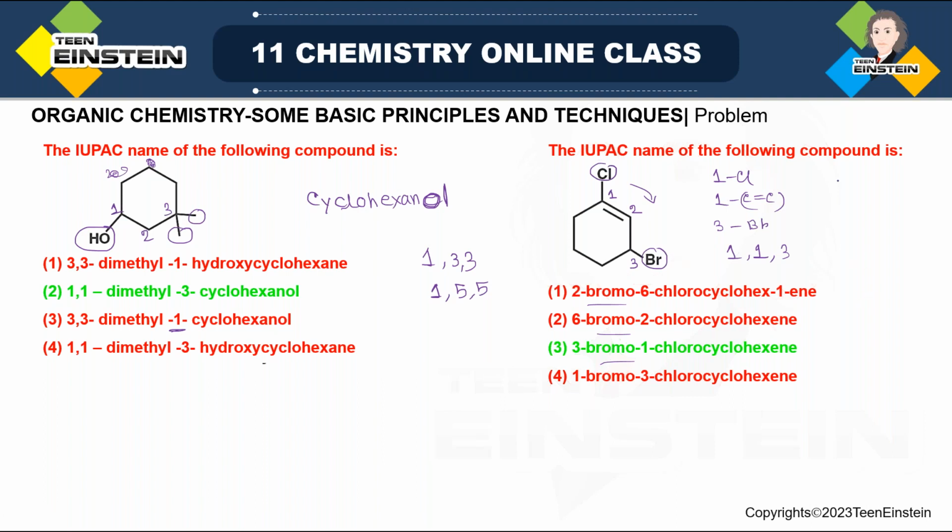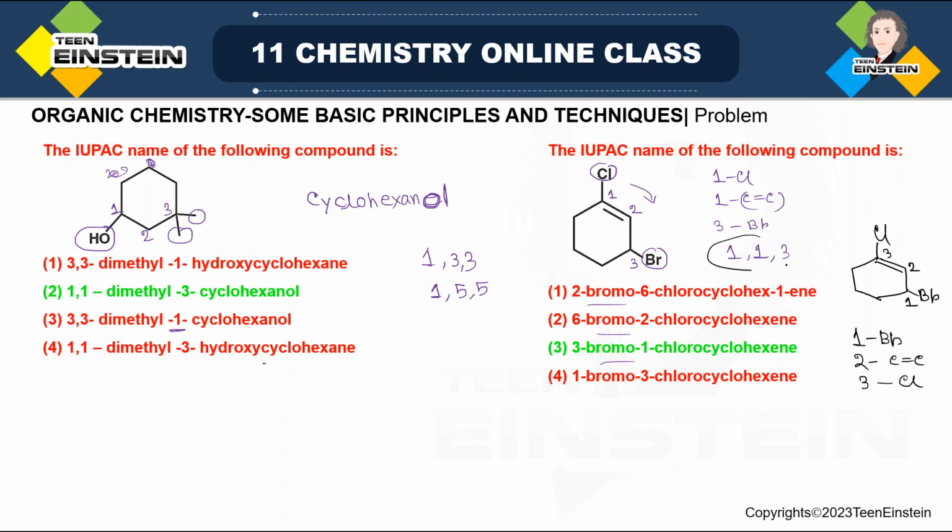But see, I will also draw the other possibilities and I will mention why they are not correct. Suppose I am starting the numbering from bromine. 1, 2, 3. So in this case, 1 is for Br, then 2 will be for the C=C double bond and 3 will be for Cl.